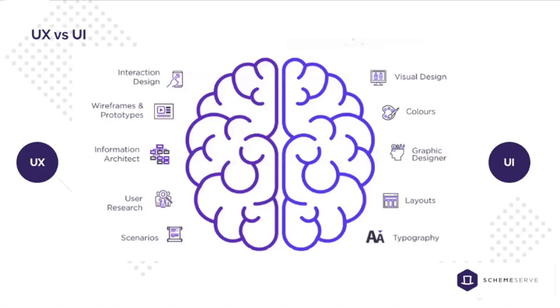Just to delve a bit deeper into that, UX and UI are almost like two sides of the same brain. They work hand in hand together, but they're different at the same time. One and the other are so closely interlinked. So UX is concerned with the interaction design, wireframing and prototyping, so creating wireframes to test on people.